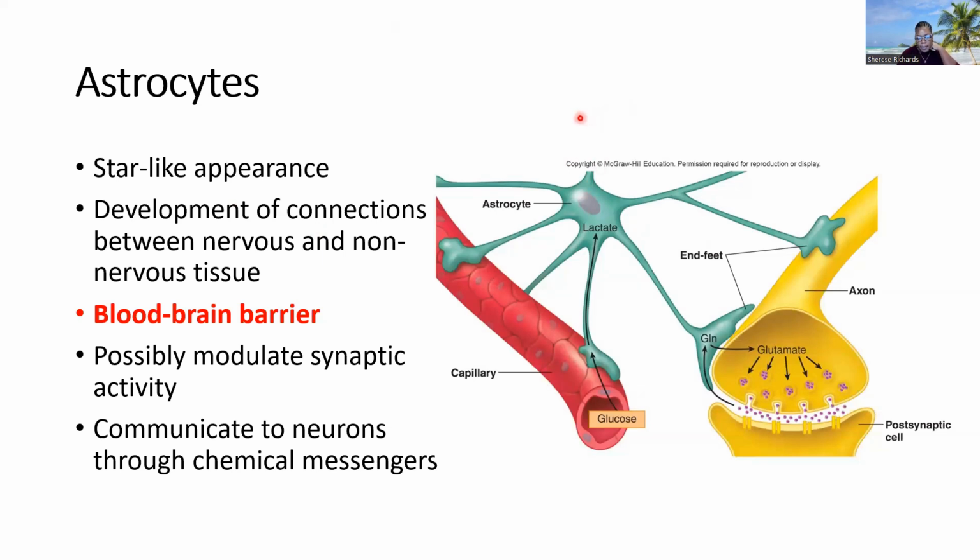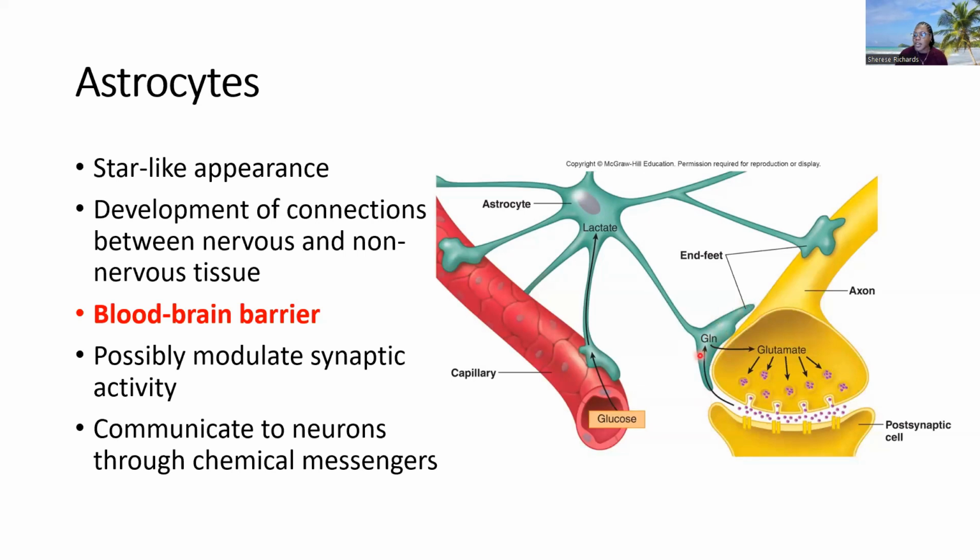Another thing that astrocytes can possibly do is modulate synaptic activity. So this brings up something we discussed before. If you remember us talking about presynaptic modulation, which could be inhibition or facilitation, which was a modulating neuron or a modulating cell that could encourage or discourage more or less neurotransmitter being released at the synaptic junction. So astrocytes can also act in that way.